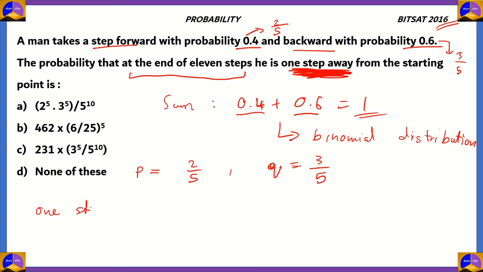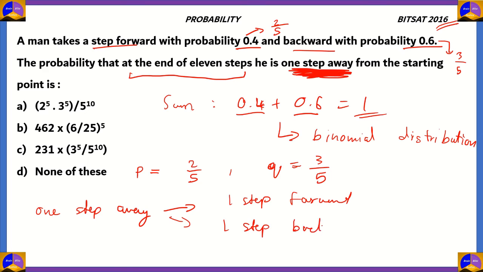So 1 step away can refer to 1 step forward, or it can represent 1 step backward from the starting point. So that means we have 2 separate conditions for the given condition in the question. Therefore, we have to add the probabilities of 1 step forward as well as 1 step backward.